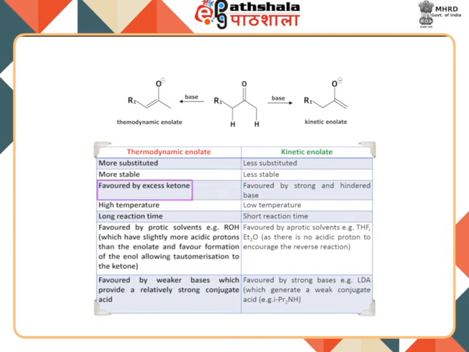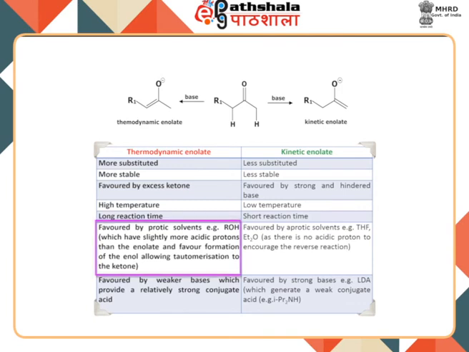Thermodynamic enolates are favored by excess ketone. Kinetic enolates are favored by strong and hindered bases. Thermodynamic enolate is formed at high temperature, whereas a kinetic enolate is formed at low temperature. Thermodynamic enolate formation takes a long reaction time, and for a kinetic enolate, reaction times are short.